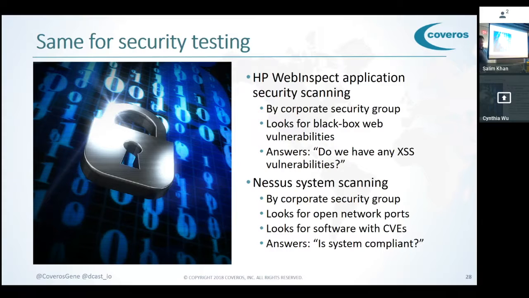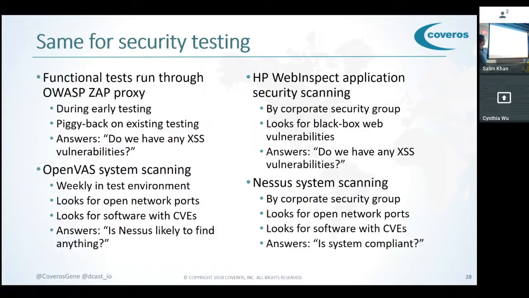It's hard to get time on those systems sometimes, but maybe you can do something similar and answer the same questions with open source software that runs quicker early on. Like I said, we can piggyback on our regression tests or our functional tests using OWASP and get some of the same results. I can run OpenVAS, which is actually an open source fork of Nessus, and just see, hey, do I get that same information?